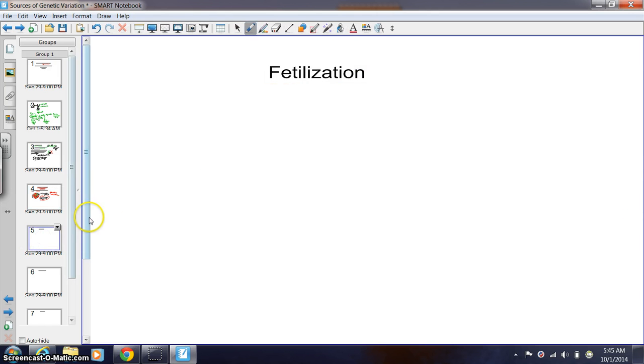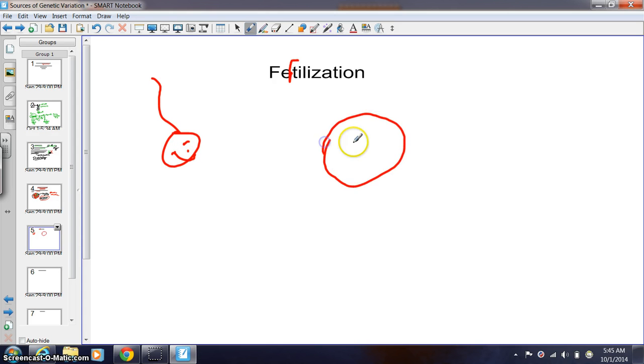The next one is fertilization. This is spelled wrong. Fertilization, so we've got a little spermy dude, and then we also have an egg. The stuff inside of each of these is 23 chromosomes, 23 chromosomes.